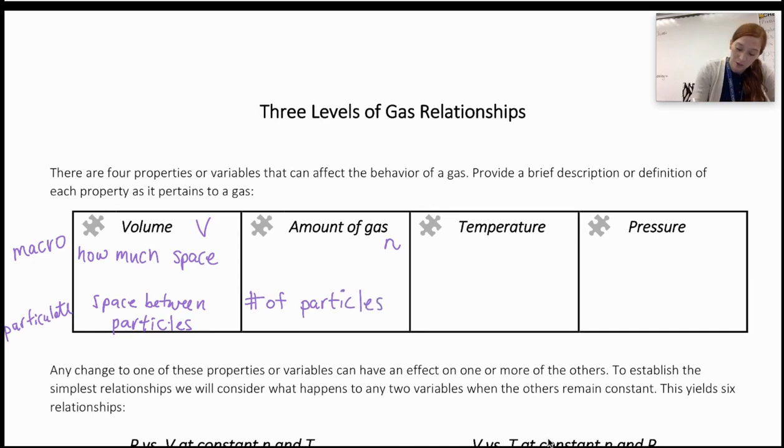Okay. Temperature, as we know, is capital T for our symbol. This is how hot or cold something is at the macro level. And at the particulate level, this has to do with the speed of particles.